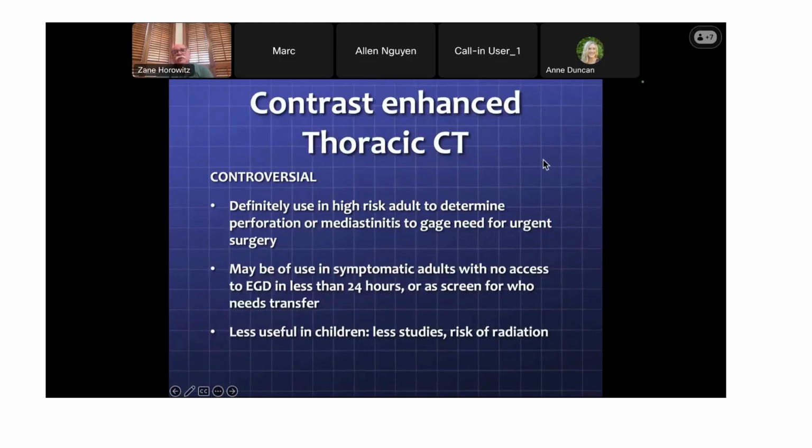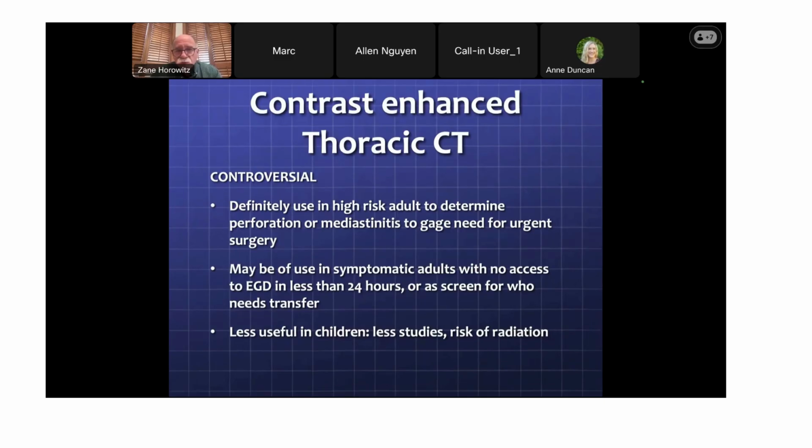The other thing that comes up a lot of times is that somebody doesn't want to come in and scope them at all, or there's a child and there's no pediatric endoscopy GI person nearby, and we have to transfer them all the way up to Dornbecker or Randall. So unfortunately I would vote against using the contrast enhanced thoracic CT in children just because of the radiation exposure.